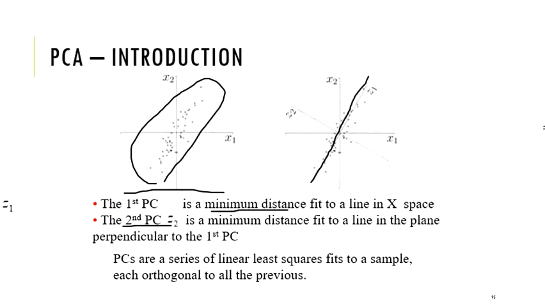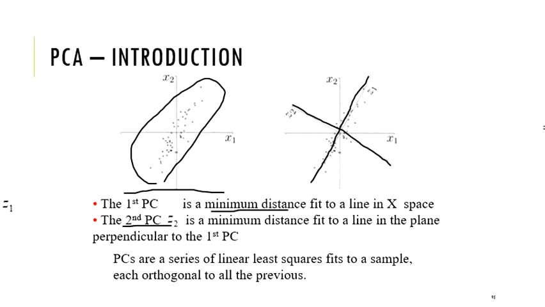And the second principal component that we find is perpendicular to the first one. We make sure that it's perpendicular, just as we have different dimensions in other systems, such as Euclidean systems as well, where these are perpendicular. So we find the second component perpendicular to the first one, and if we were to find third, fourth, and fifth components, they would again be perpendicular to one another.